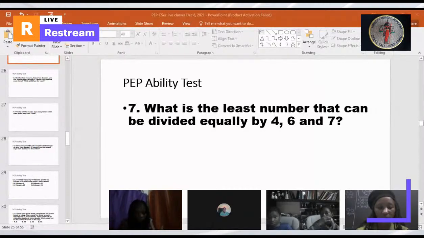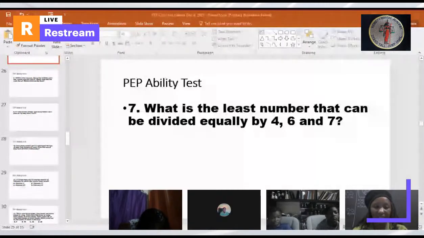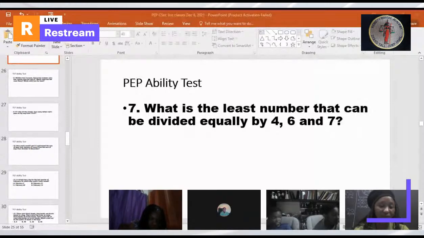There's a video on factorization; just check the grade 4 playlist on the channel for how to find the LCM, and I'll show you 3 different methods of finding the LCM. All right, let's go to the next question.